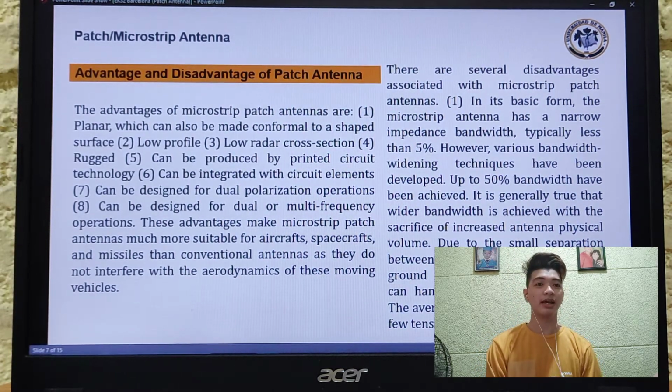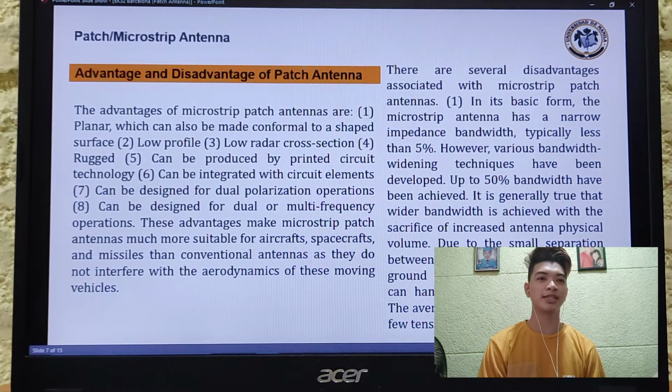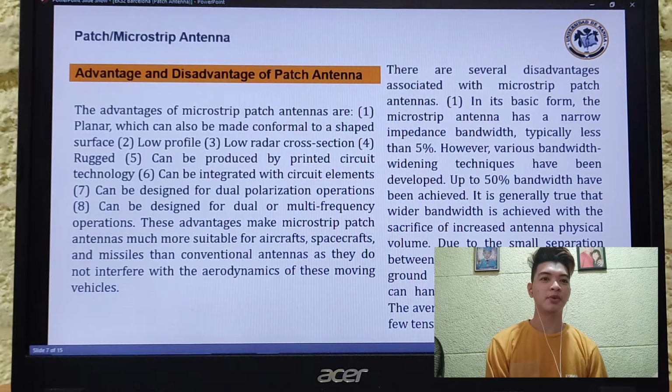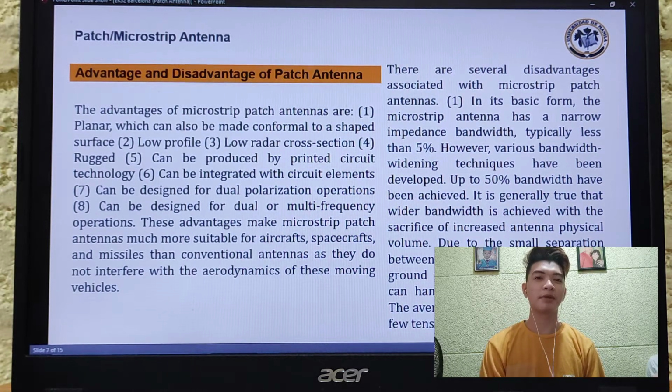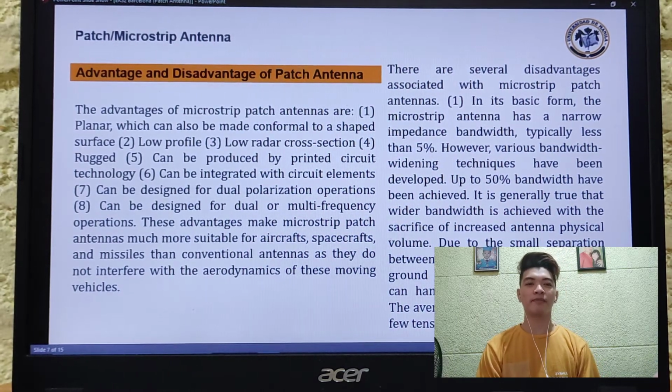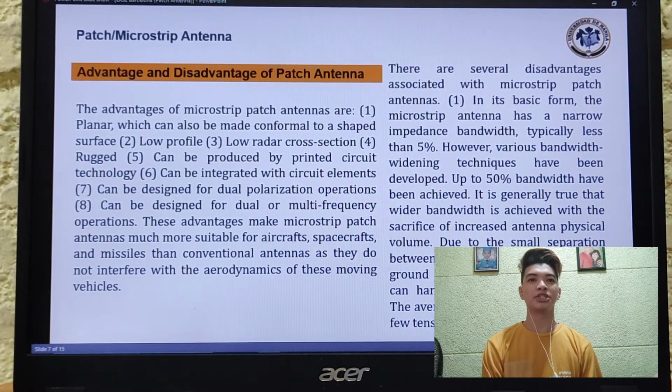The next one is the disadvantages associated with microstrip patch antenna. The first one is, in its basic form, the microstrip antenna has a narrow impedance bandwidth, typically less than 5%. However, various bandwidth widening techniques have been developed, and up to 50% bandwidth has been achieved.